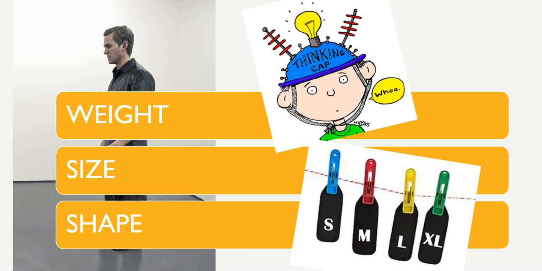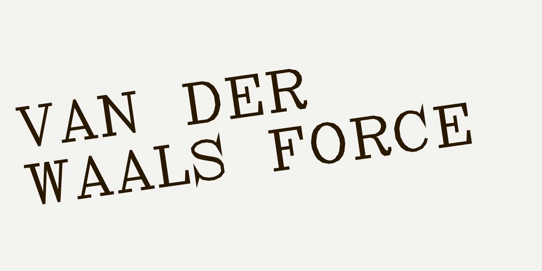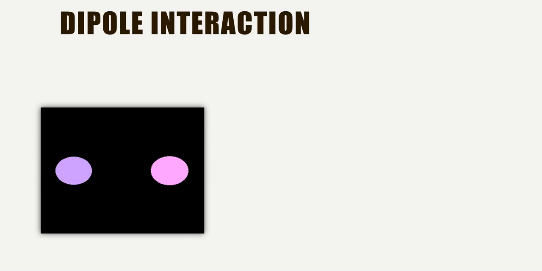And this force is commonly, popularly, and universally known as the van der Waals force. There can be another type of force, which is the dipole interaction, which is just the attraction of the positive and the negative charges that get accumulated over the molecule or the atom.